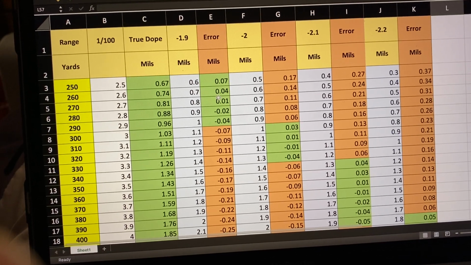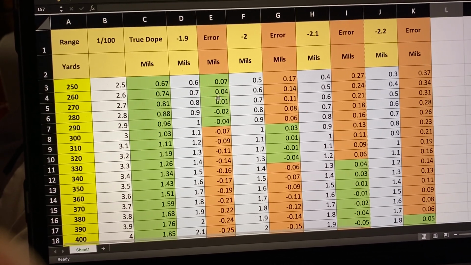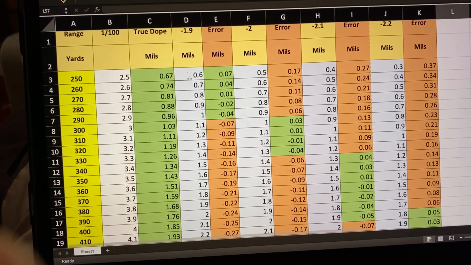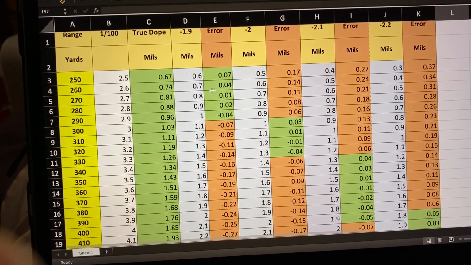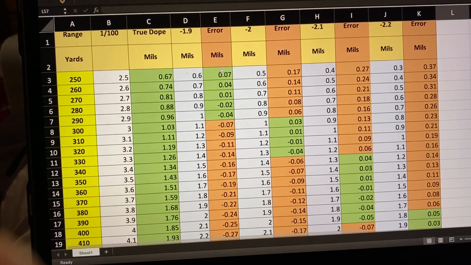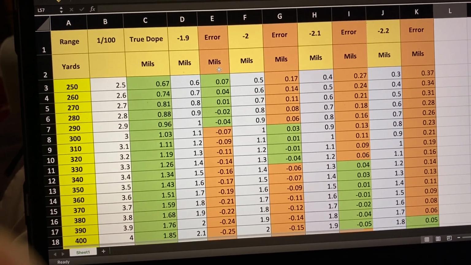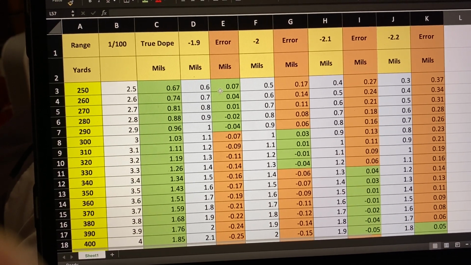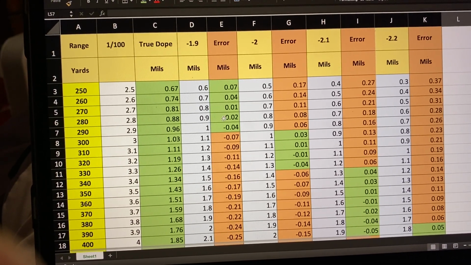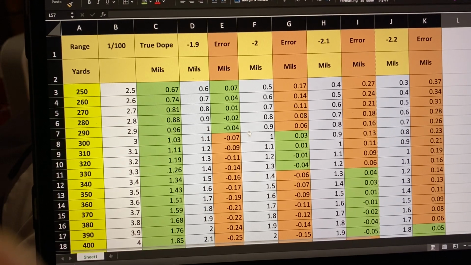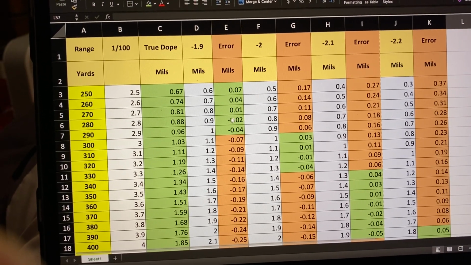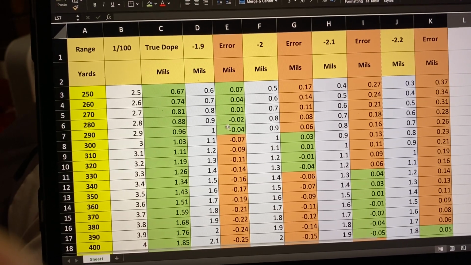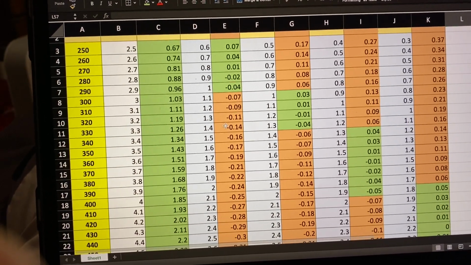Now, it's not necessarily practical in a way, but I'll show you how I came up with the formula to make it practical. So I've only got 250, but if you go less than 250, it does the same thing. From 250, I highlighted everything that was less than 1 mil error. So from 250 to 290, I can use 1.9 and have less than 1 mil error.